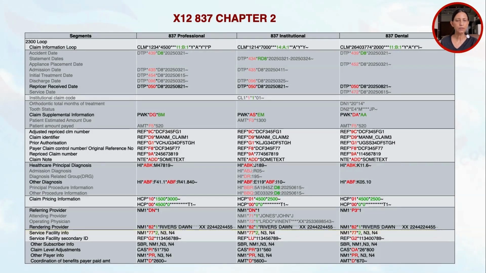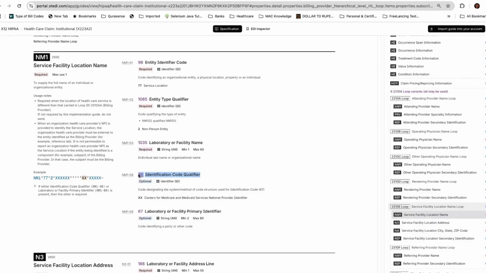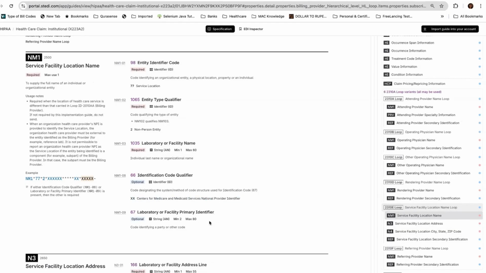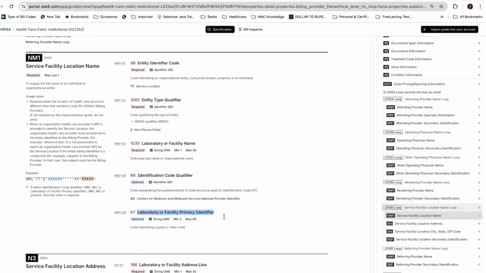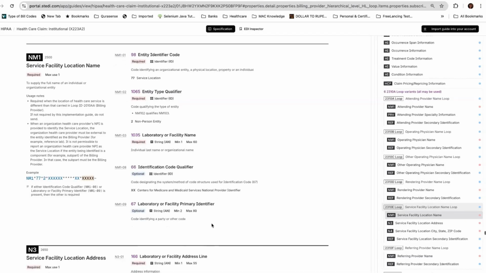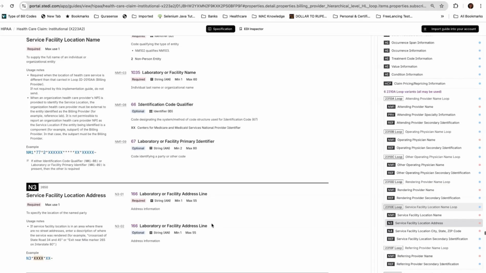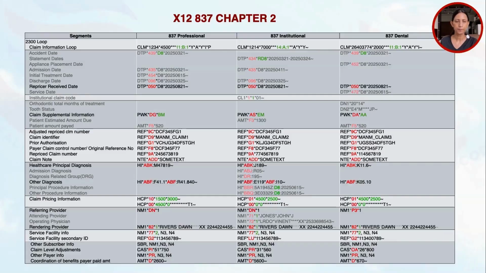So that is why NM102 will be equal to 2 whenever we are talking about a service facility. NM108 again will be XX because NPI can be there for a person or a non-person. The NPI value will go in NM109. N3 will have the address and N4 will have the city and zip for the service facility.